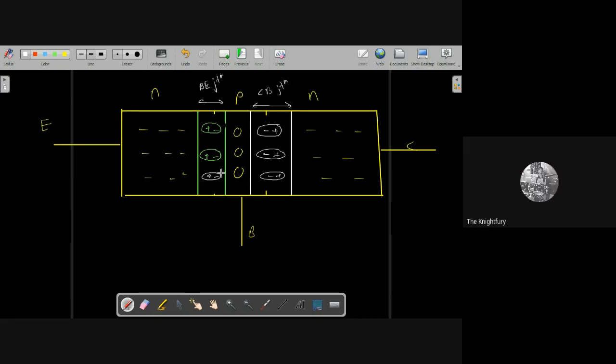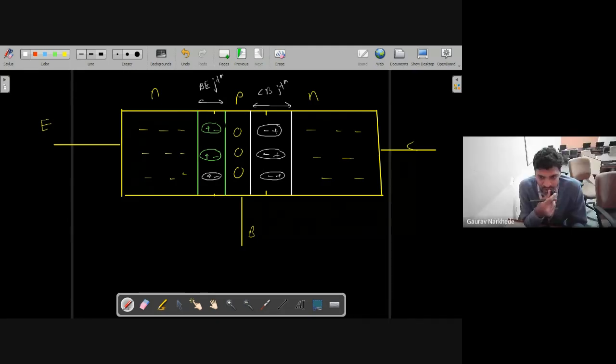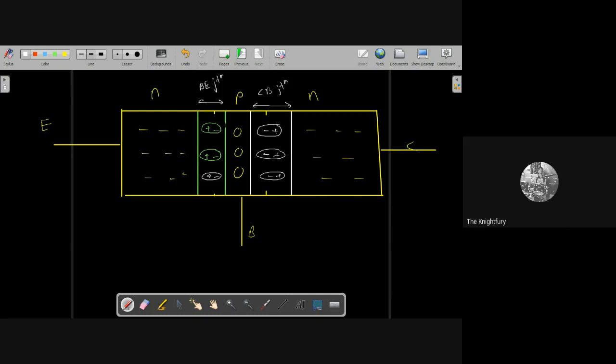One, two, right? So that's why this is a bi-junction transistor. It is bipolar and also bi-junction. Bi-junction means two junctions, and bipolar because electrons and holes both contribute to the flow of current. That's why it is called a bipolar transistor. Did you understand?